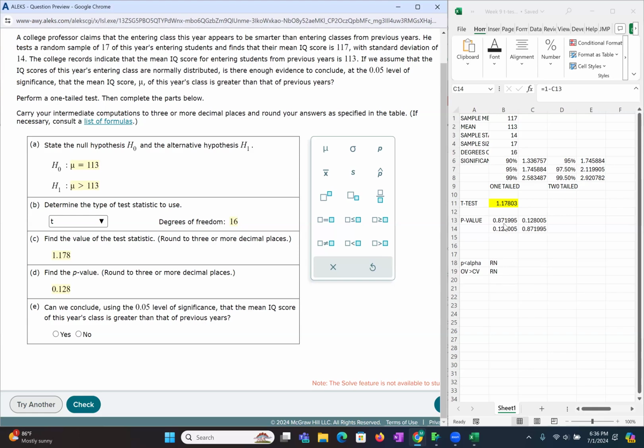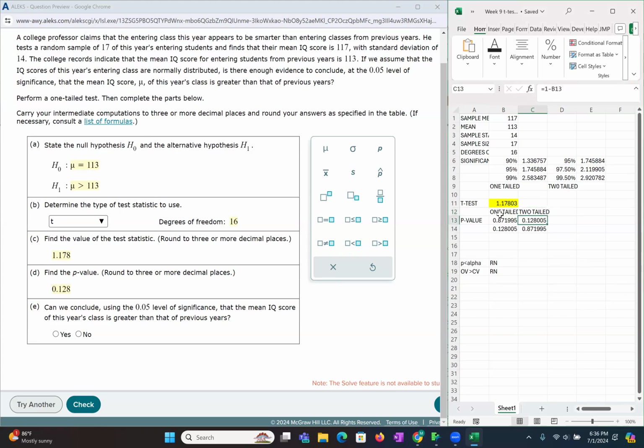The formula I have for that one is B13 times 2. No, that would be only in a case where you're looking at two-tailed on this side. This would be the answer. Oh, okay, this is one-tailed. Two-tailed is where this becomes times 2.